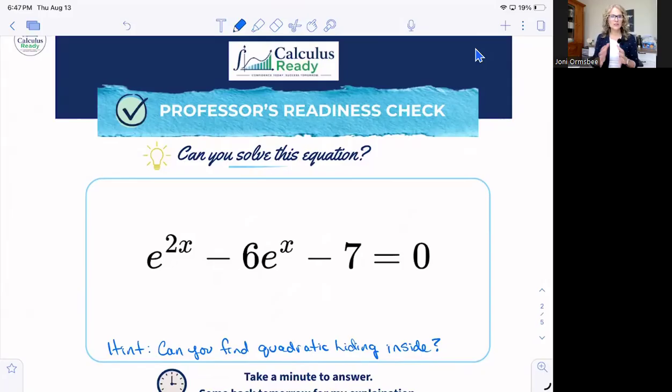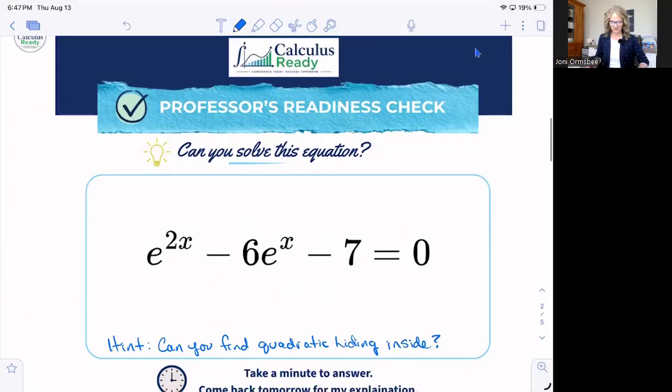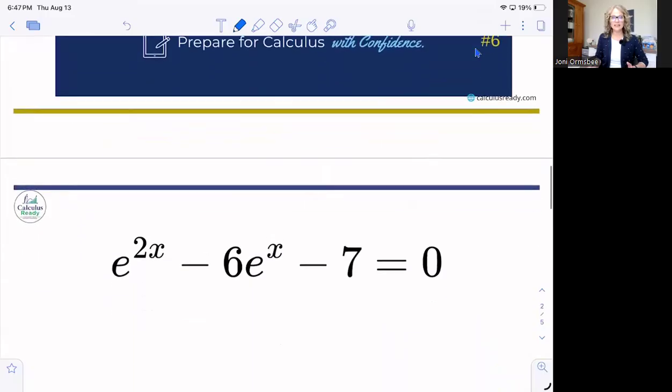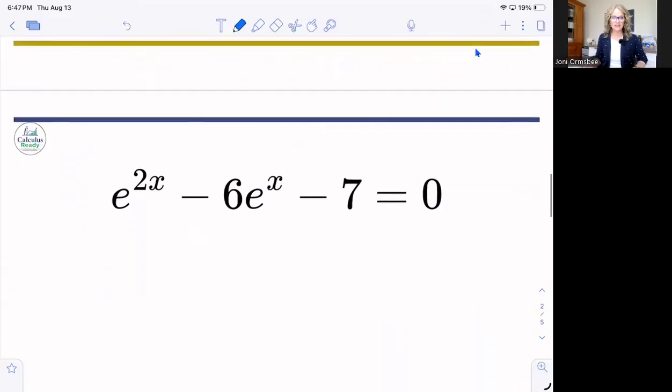I'm going to give you just a minute if you haven't already had a chance to solve this, and see if you can recognize what's happening here inside this exponential equation. Pause the video and do that, and then we're going to solve this together.